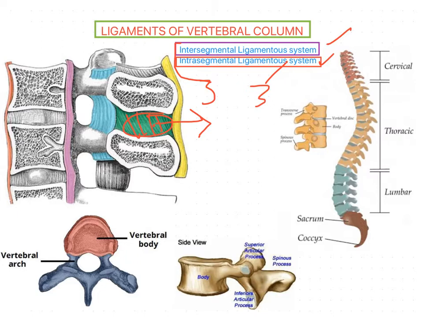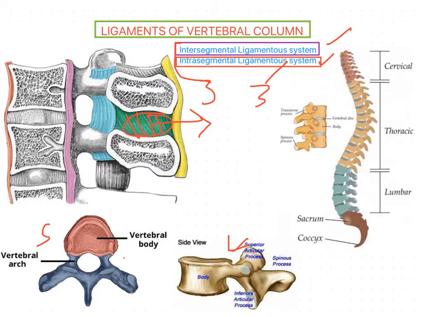Before discussing these, you have to appreciate that if you take a vertebra in the lateral view and in the superior view, you have to identify which one is the anterior aspect.